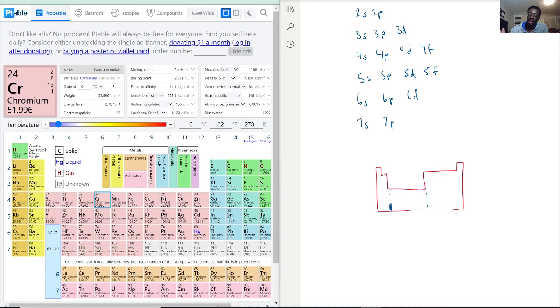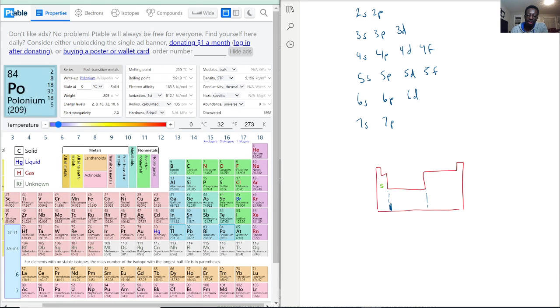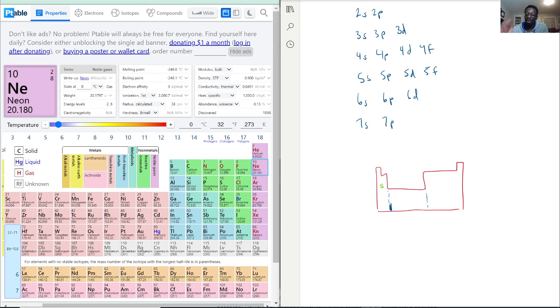So the way the SPDF works is that this right here is going to be your s orbitals. Columns 1 and 2 are your s orbitals. Okay? And if you skip now to columns 13 through 18, not including helium, so if we actually were to do this, helium, no. Helium counts as there. So helium is actually counting as an s orbital. But for the rest of them, this is your p orbital, okay?